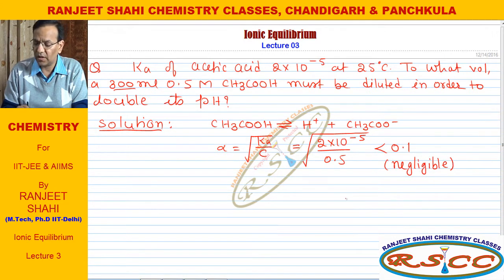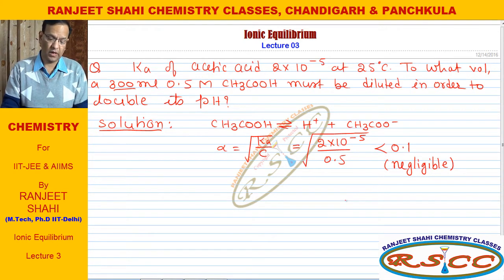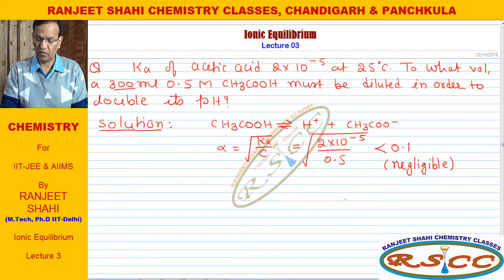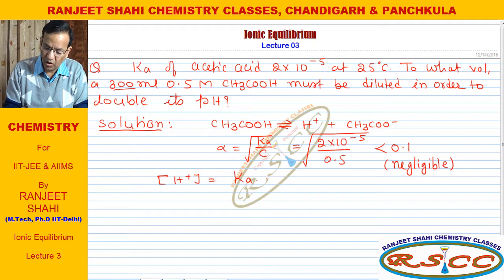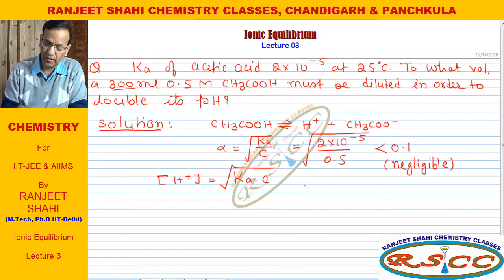In case of negligible alpha, we know that the concentration of hydrogen ion in the solution will be root under Ka into C, we derived in the previous lecture.